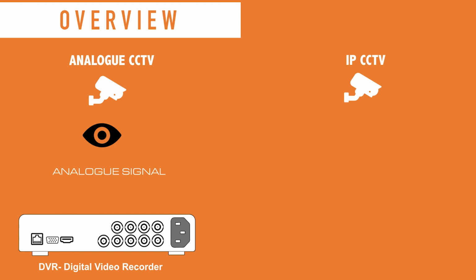You can see at the back of this illustration we have the standard BNC connectors, and on the left hand side you can see an RJ45 connector, and that would be for your broadband router in order for you to be able to watch the cameras on your mobile phone.